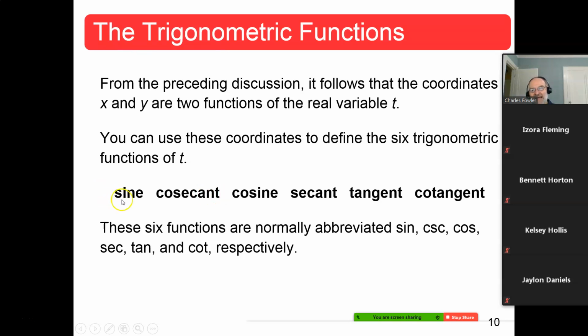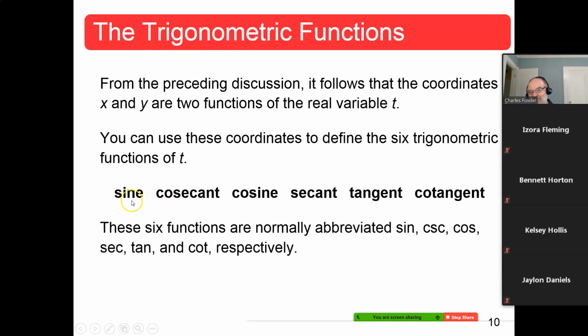Okay? Sine, cosine, tangent, cotangent, secant, and cosecant. Now there's a reason they did them in this order. I like the order I said. It doesn't matter which order. Now they have abbreviations. All but one of them, the abbreviation is the first 3 letters.